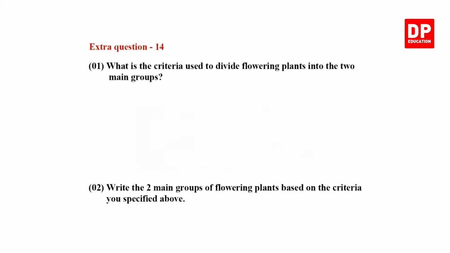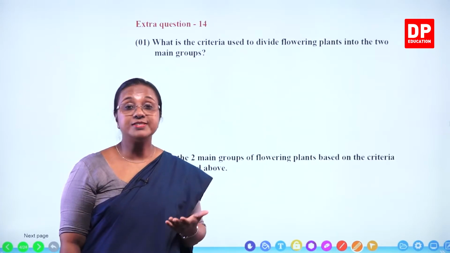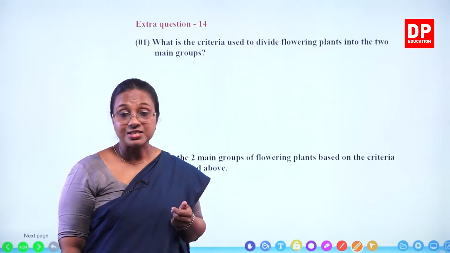Extra question 40. What is the criteria used to divide flowering plants into the 2 main groups? Under flowering plants, we have the monocots and dicots. How are they classified?